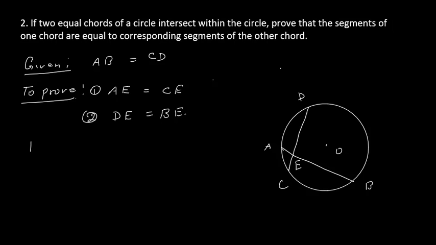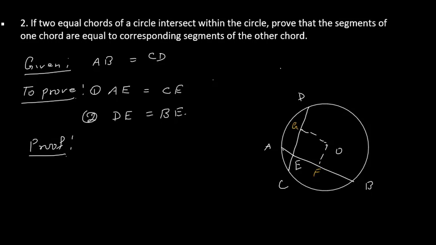So let us prove. Now in this, I will first draw a perpendicular from the center of the circle and mark points, say, F and G. So here we will mark two points, one is F and the other is G. Now as chord AB and chord CD are equal in length, their distance from the center will also be equal.